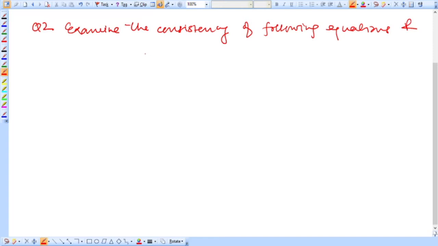So the given linear equations are x plus 2y minus z is equal to 3, 3x minus y plus 2z is equal to 1, and the third equation is 2x minus 2y plus 3z is equal to 2, okay.